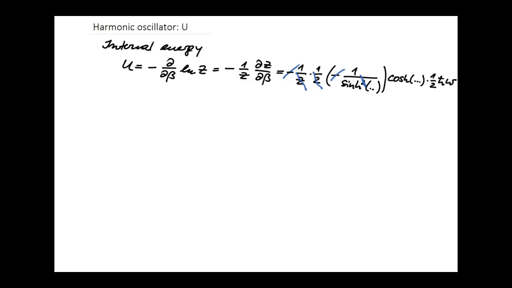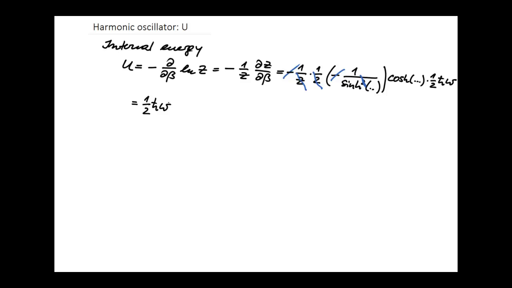So this 1 over partition function cancels out, and what's left in this calculation is, let me take this in front, the 1/2 h bar omega, and then we have the hyperbolic cosine over the hyperbolic sine.